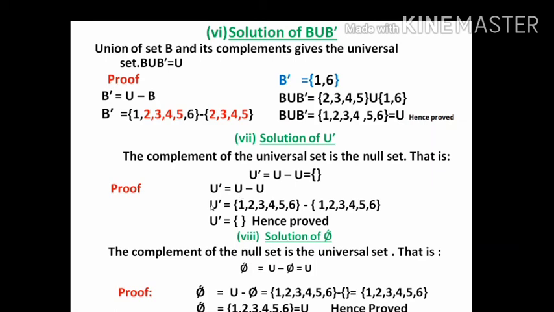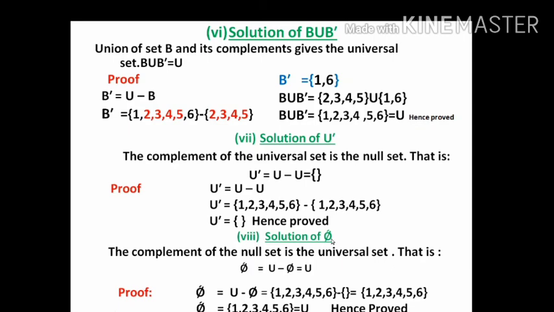So U complement is equal to the members of the universal set minus sign, then the members of the universal set. So the complement of the universal set is equal to the empty set. Result shows that U complement is equal to the empty set, means that left hand side is equal to right hand side, hence proved.